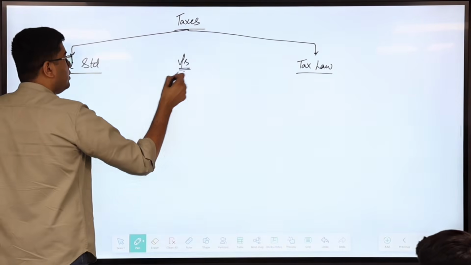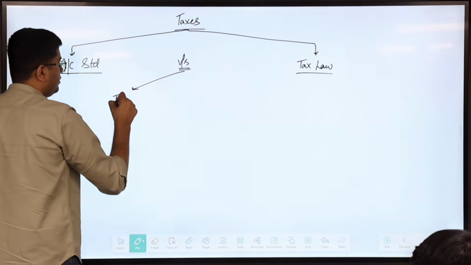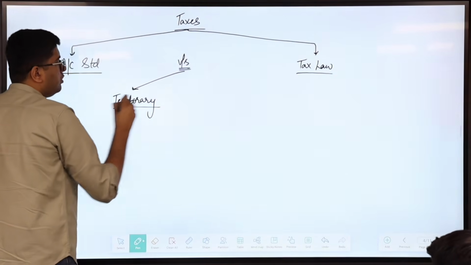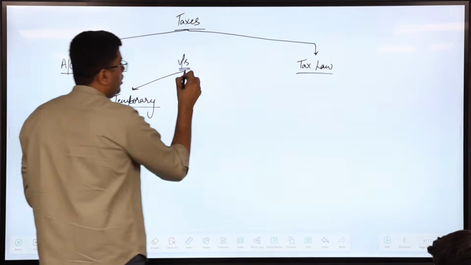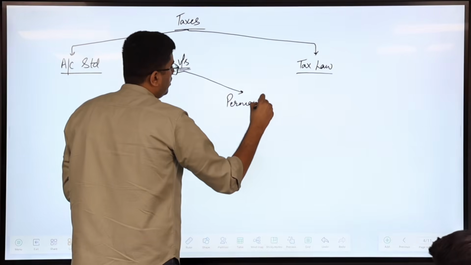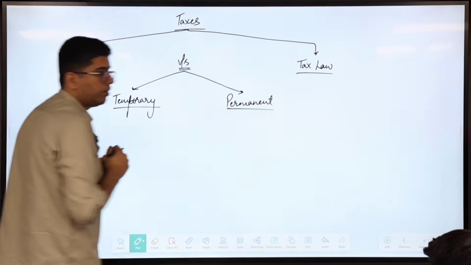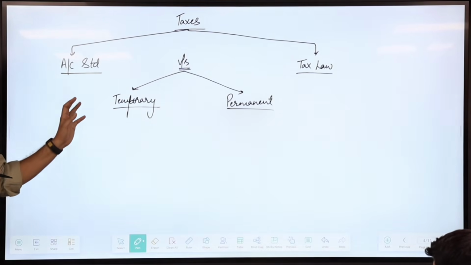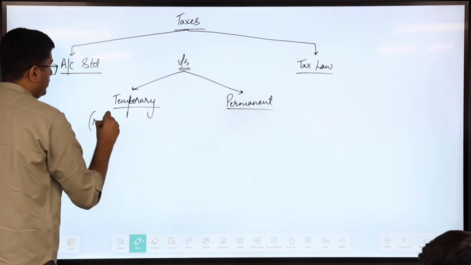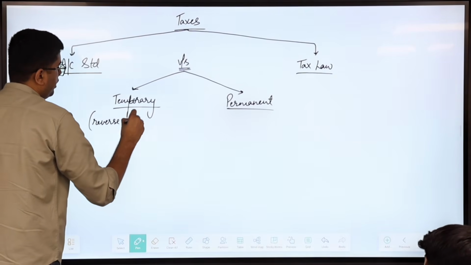So this difference could be of temporary nature, also known as timing difference, or it could be of permanent nature. Temporary or timing differences are the ones which will reverse automatically over time.